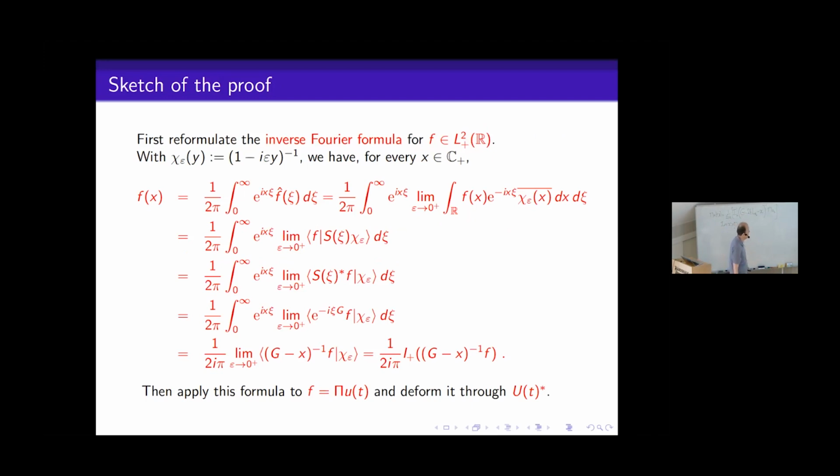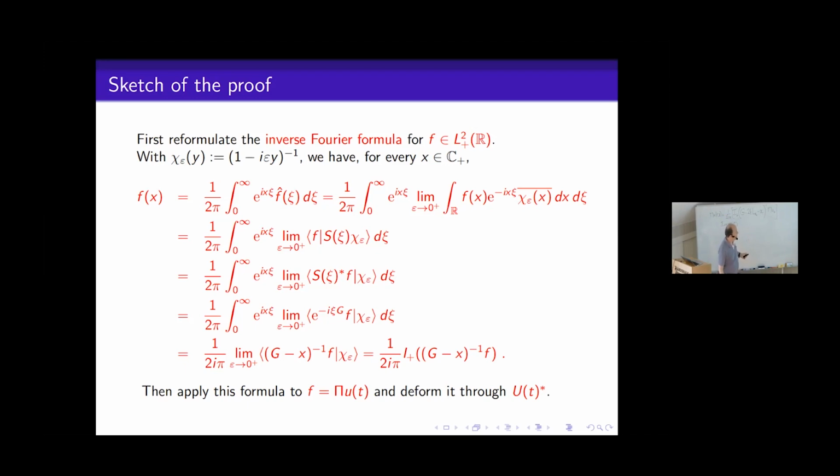And now I write some, I think, well-known formula, but for x in the upper half plane. So this is the inverse Fourier transform in the Paley-Wiener context. This is a perfectly well convergent, absolutely convergent integral because the imaginary part of x is positive and xi is positive.